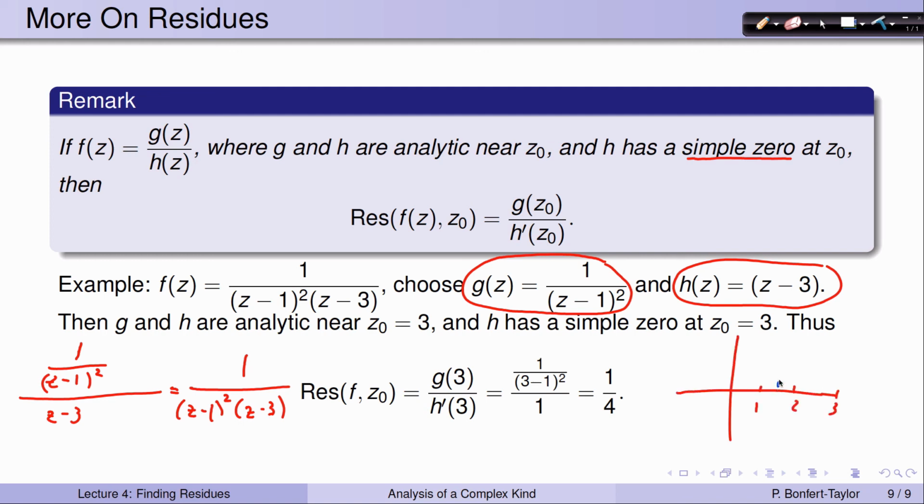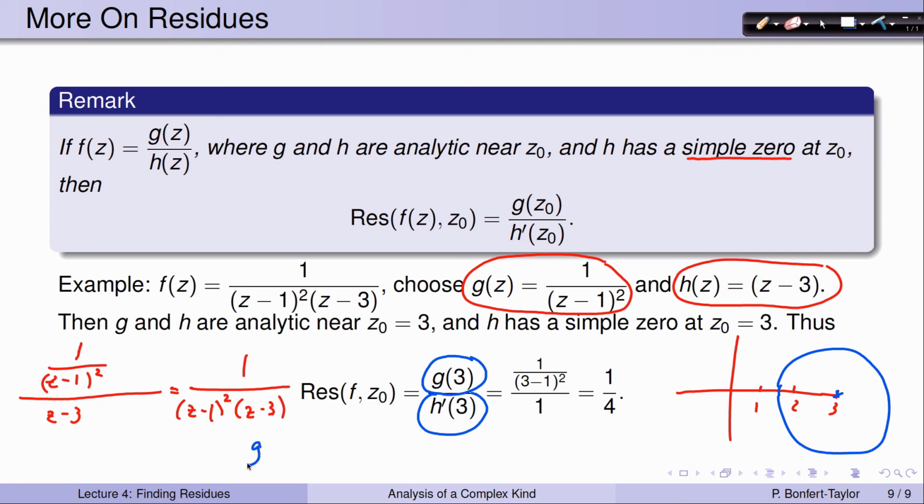For example, if I look at a little disk around 3, in that disk, the function g is entirely analytic. The function h of z, which is z minus 3, is also analytic. It's analytic everywhere and has a simple 0 at 3. By the fact, we can therefore find the residue of the function f, which is g divided by h, by simply plugging in 3 into g and plugging in 3 into the derivative of h.